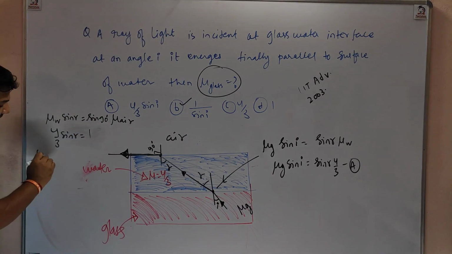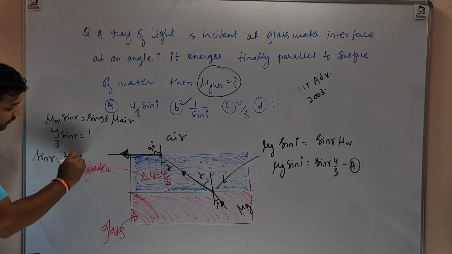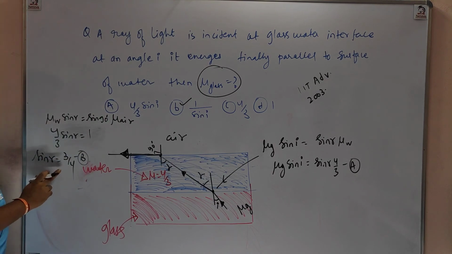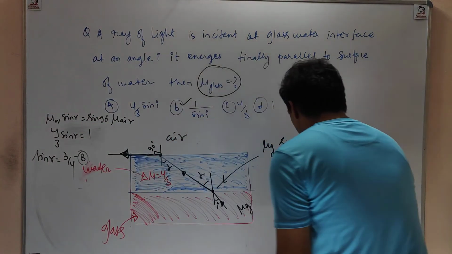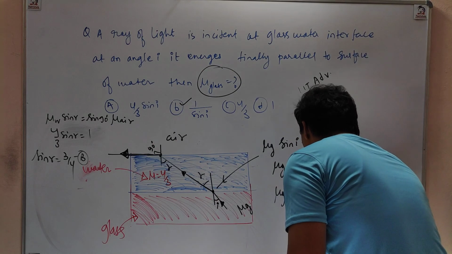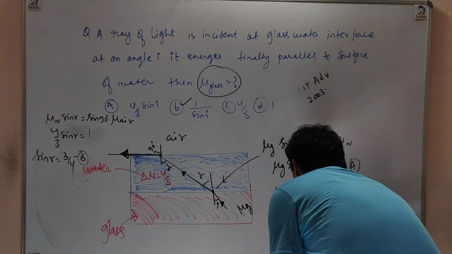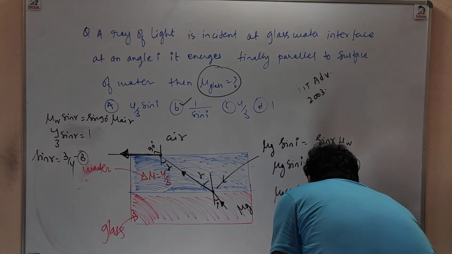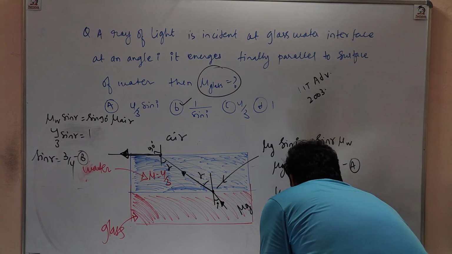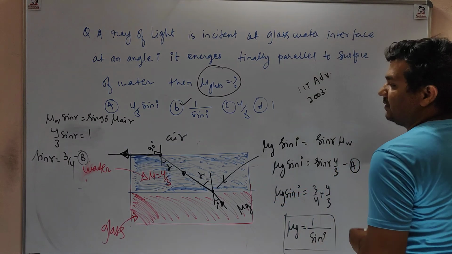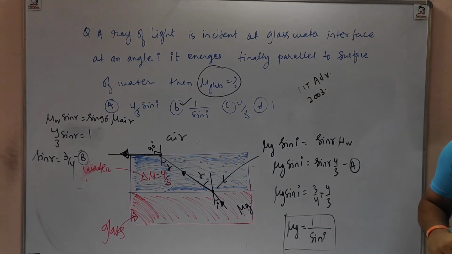So what is the value of sin R? Sin R is 3/4, equation B. Let's substitute the value of sin R here. You'll get mu g into sin I is equal to 3 by 4 into 4 by 3. Yes, you all are correct. Mu g is 1 by sin I. Hopefully everyone could solve this question very easily.